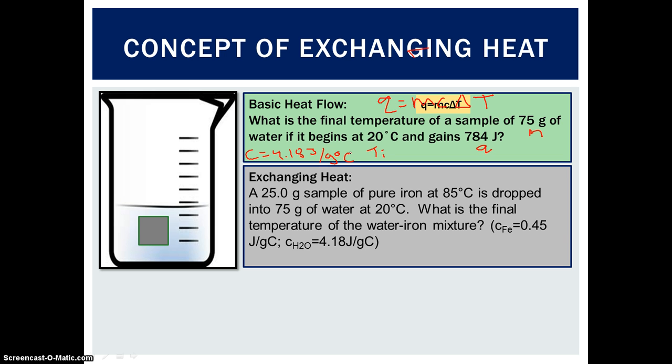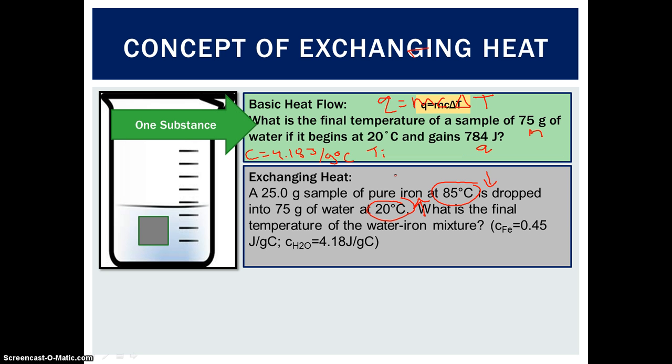So iron is going to lose energy and water is going to gain that energy. They're exchanging heat between each other. So the temperature of the iron is going to go down and the temperature of the water is going to go up, and the final temperature of each of the two things will be equal after they exchange the heat.